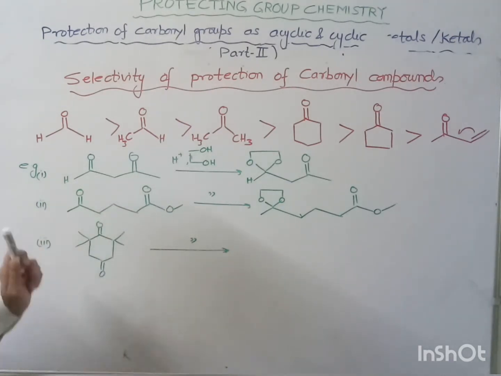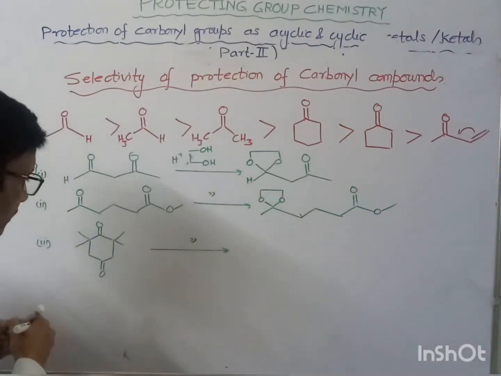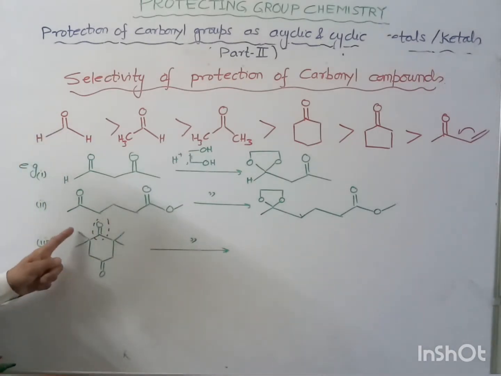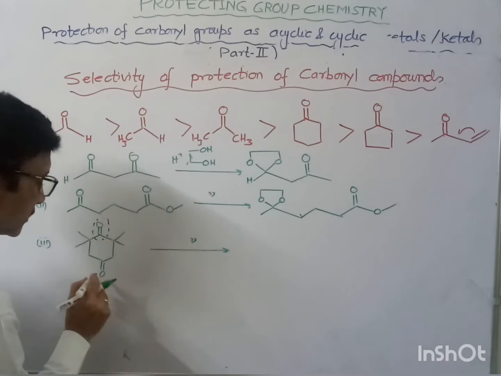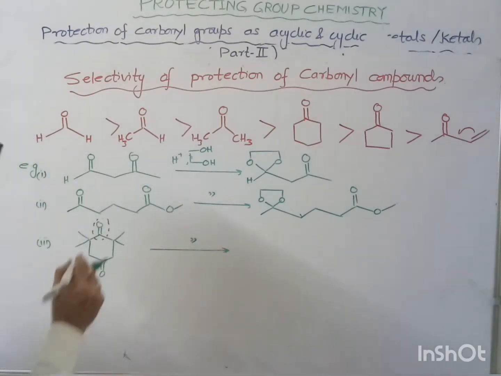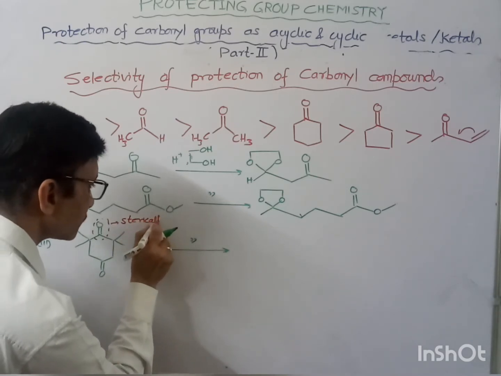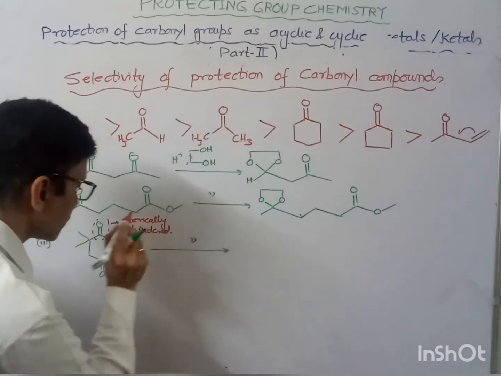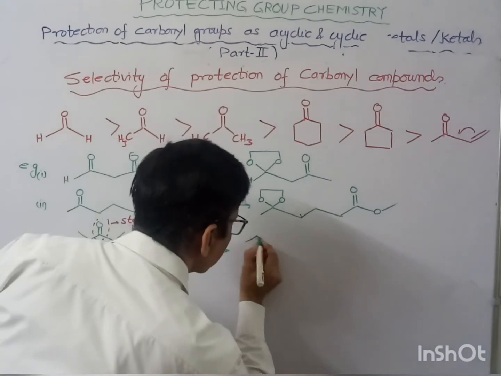Now if you see, this keto center is strictly hindered due to the presence of two methyl groups over here, and this one is free. As this is strictly hindered, that's why the protection will go over here.